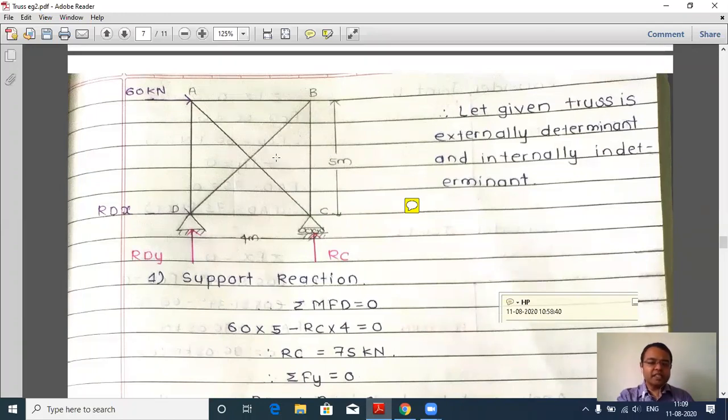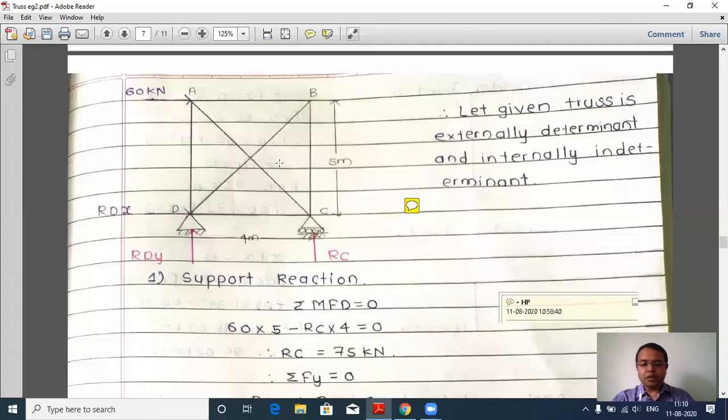This is because of the provision of one extra member, which can be AC or BD. By the provision of this one extra member, the structure has become an indeterminate structure of degree 1.